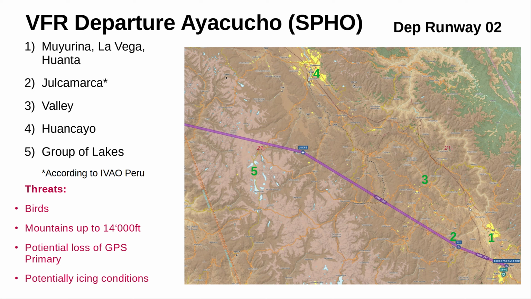Down the valley. Again, we will take this path here. The heading or the course we're going to fly is roundabout 300 degrees, so northwest heading. Continue down here, and we will climb, of course.